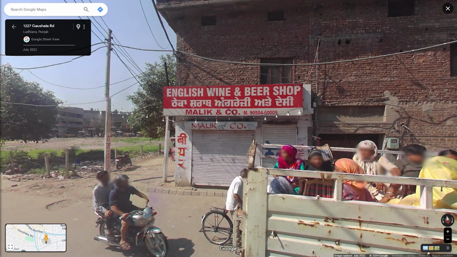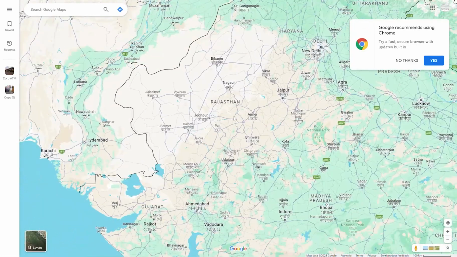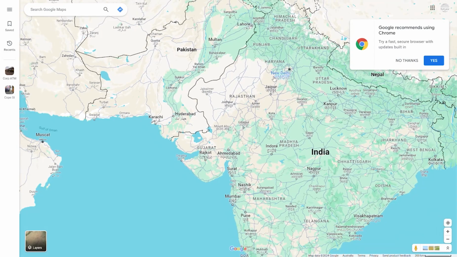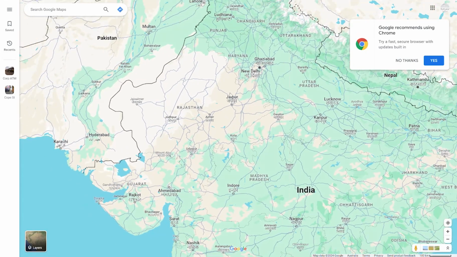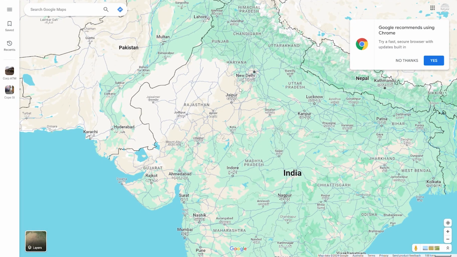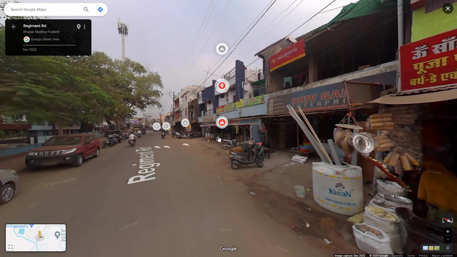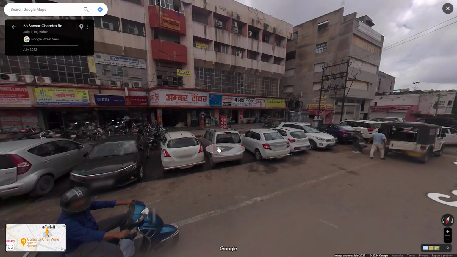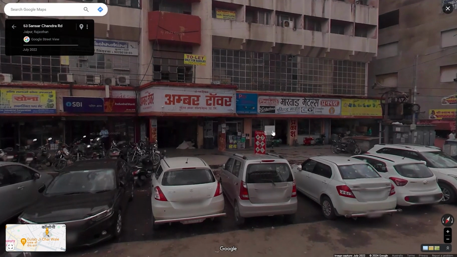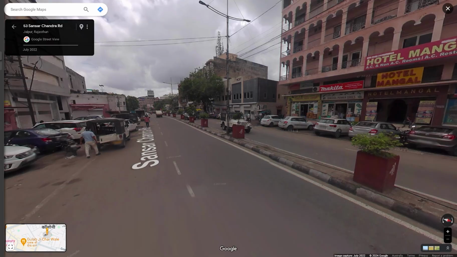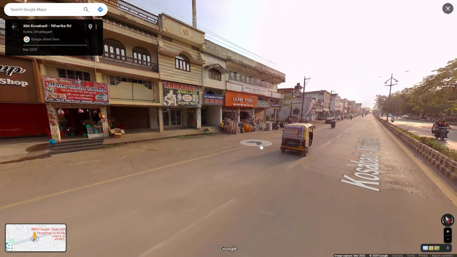If you go out further west to Rajasthan, which is this state here, the state in the more deserty area, out to the far west, you'll find plenty of Devanagari there, all of these signs written in Hindi.